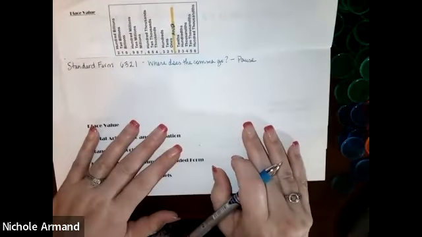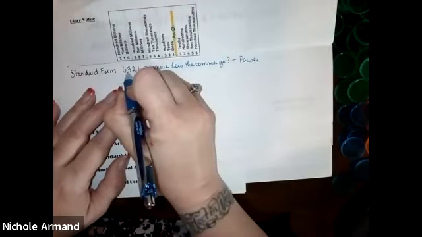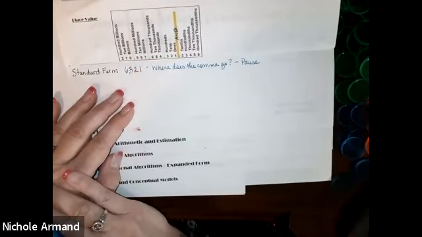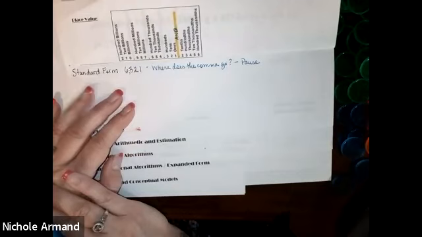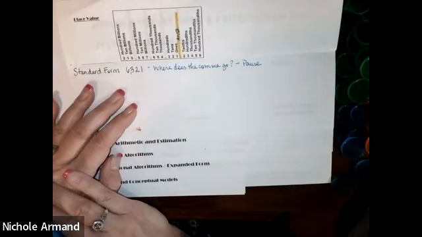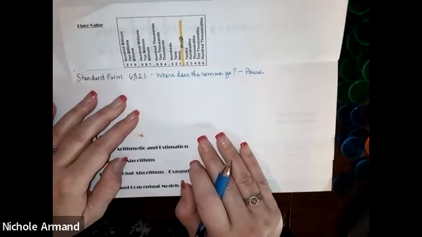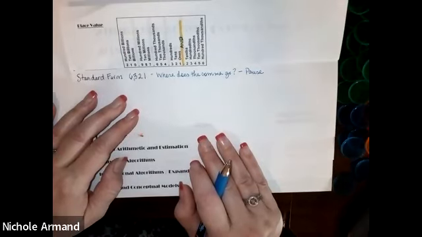So the correct way to say this number would be 6,321. No "and," and there is a little bit of a pause where we see the comma. So when you're teaching place value, this is called decomposing numbers.